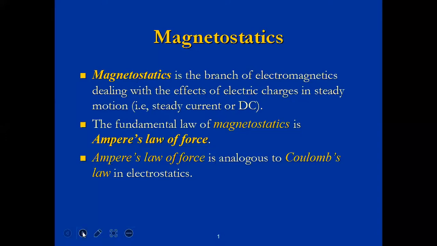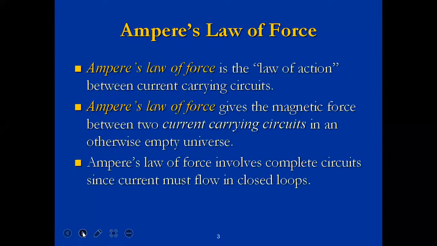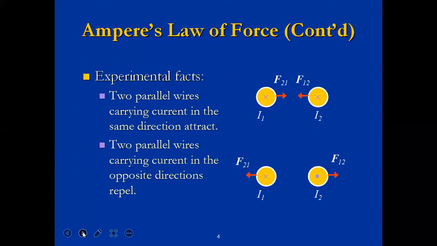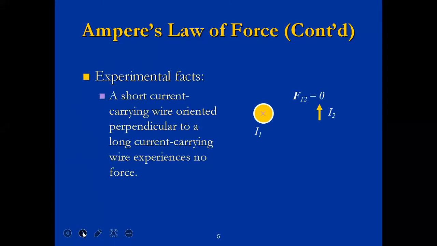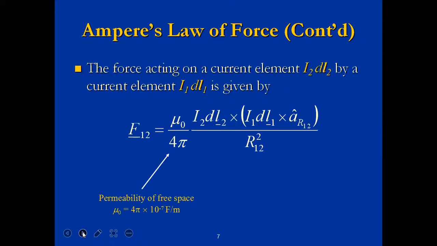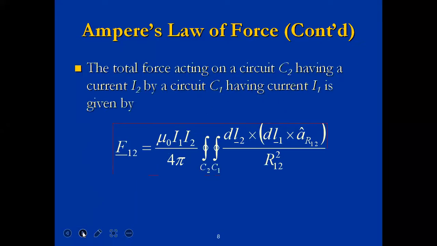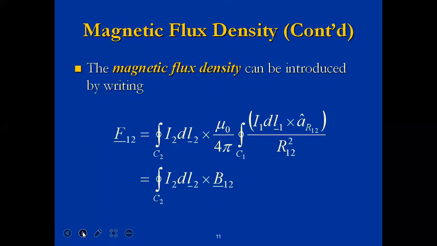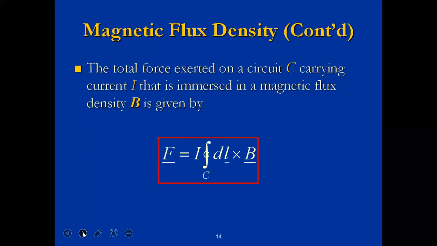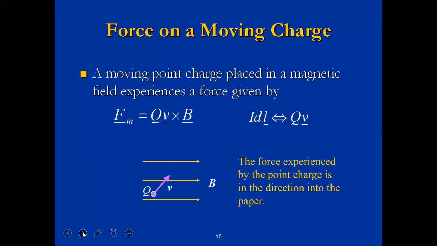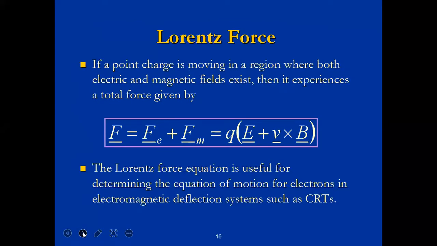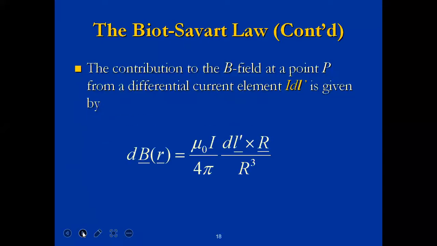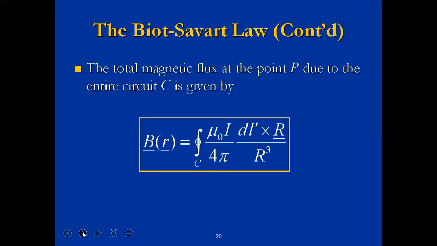So today we have discussed this, and this is the summary. Ampere's law of force, and this is the Biot-Savart law, magnetic flux density, force and Lorentz force. We have proved this in our previous class.